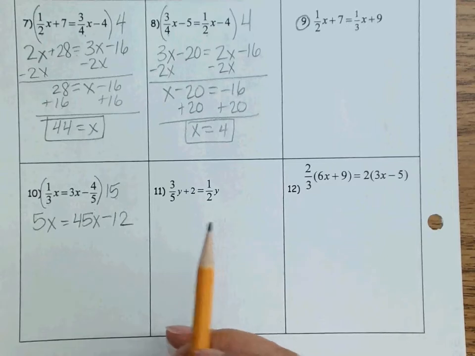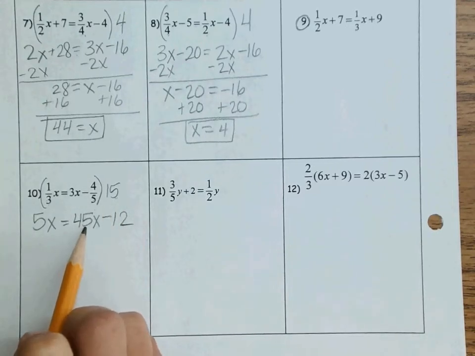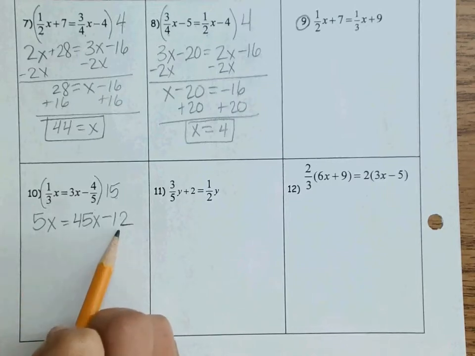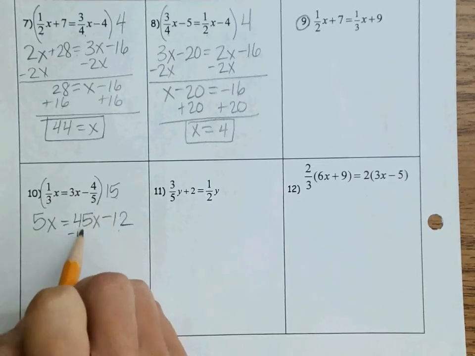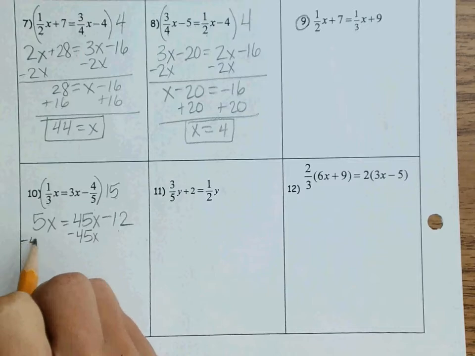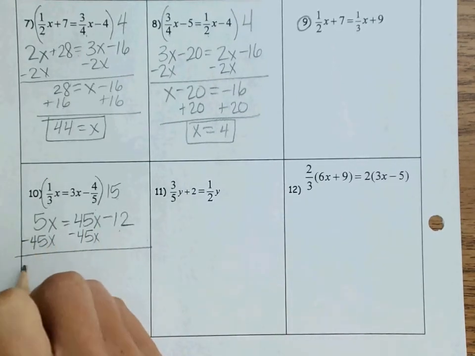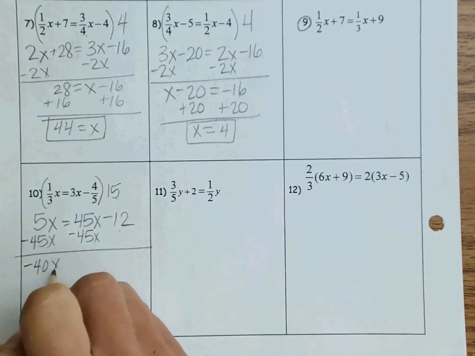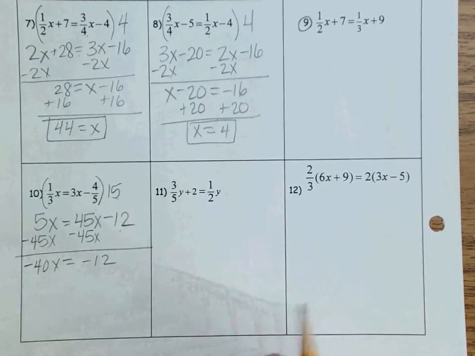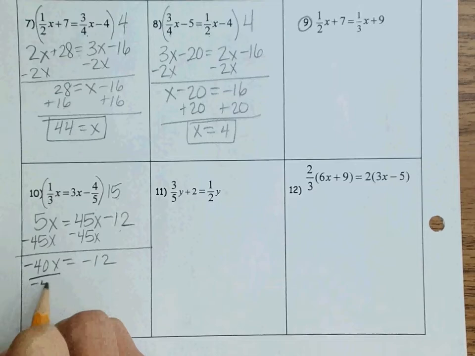Then I solve for my variable. I have to start with my variable terms, get them to the other side because I only have the constant here. So I subtract 45x on both sides. 5x minus 45x is -40x, equal to negative 12. To keep solving for x, I divide by negative 40.